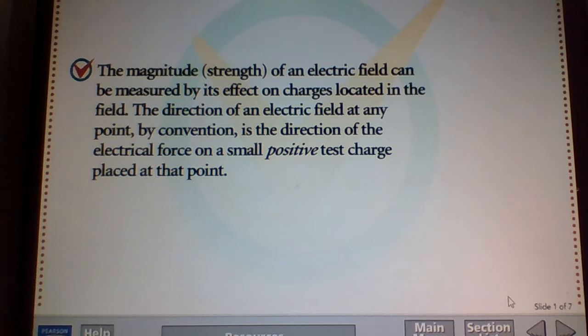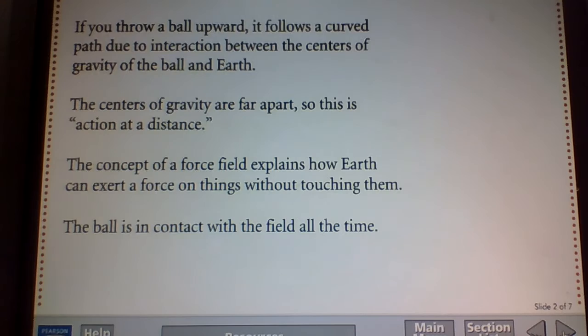If I have a negative thing and I put a positive test charge in its realm, it is going to be an attractive field. It's a little bit different than when we talk about gravitational fields, because gravitational fields only work one way. They're always attractive, whereas electric fields could be either attractive or repulsive depending on what the charge is.